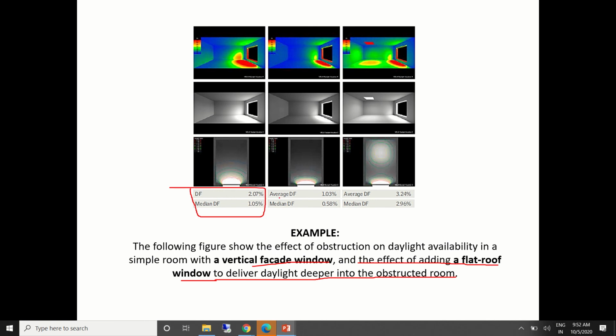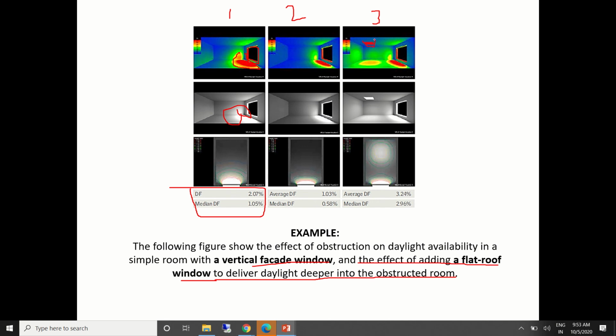Daylight factor is what is defined here, in case 1, case 2 and case 3. Here you can see the openings and to what extent daylight reaches inside the building.